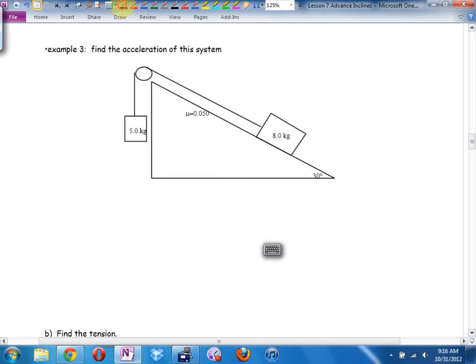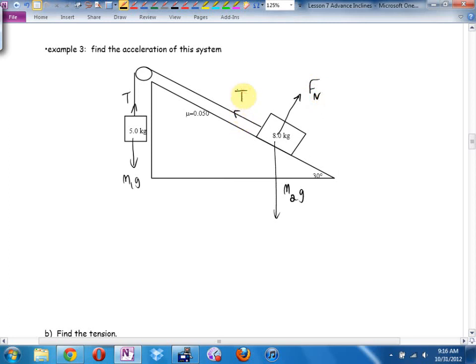What are the forces acting on the left-hand mass? We're going to have M1G, tension. What are the forces acting on the right-hand mass? We're going to have M2G. There is going to be a normal force.